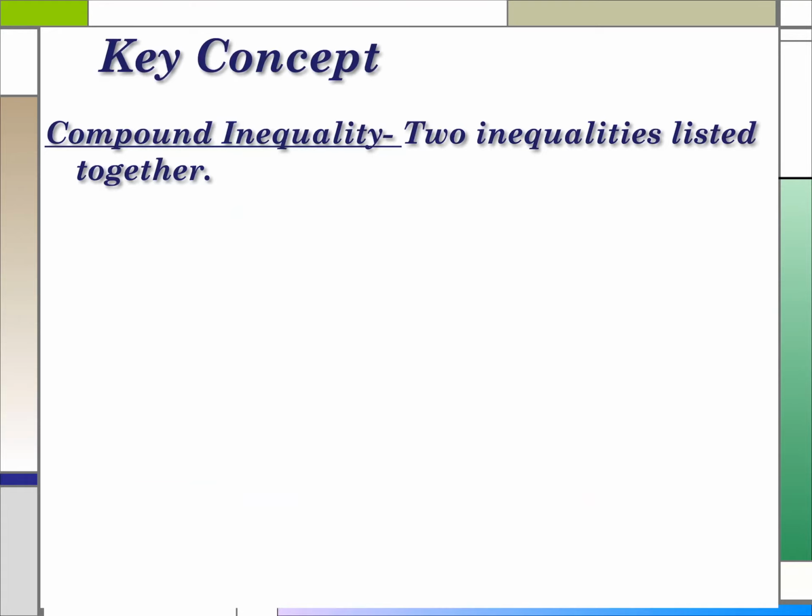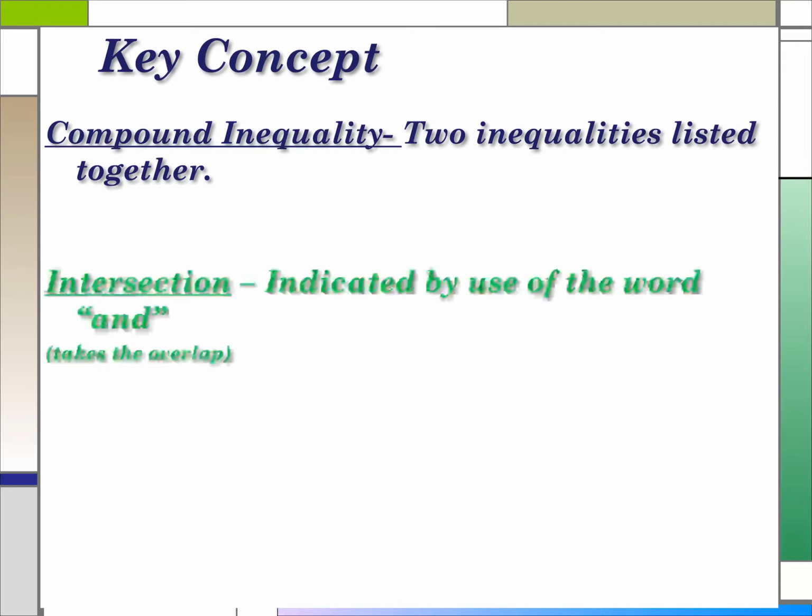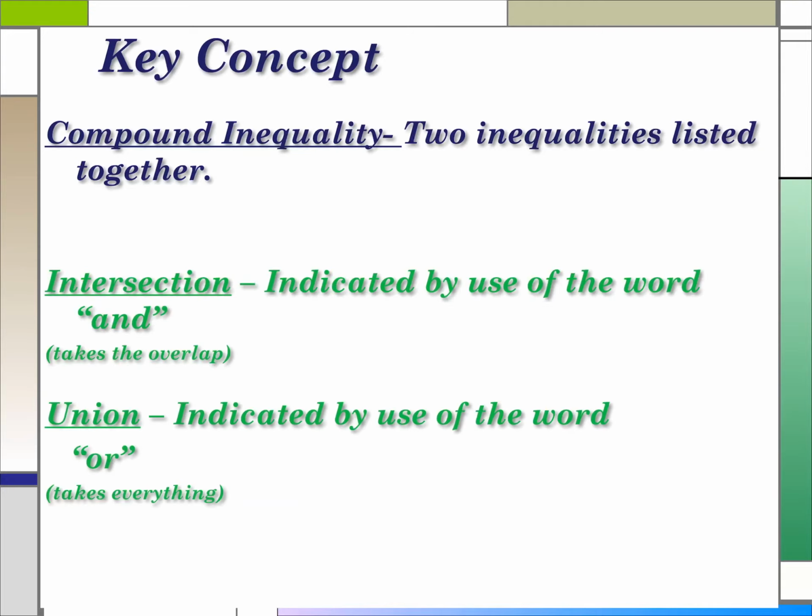So a compound inequality is 2 inequality problems listed together in the same question. Essentially there's going to be 2 parts to your problem. And there's 2 different types of compound inequalities.